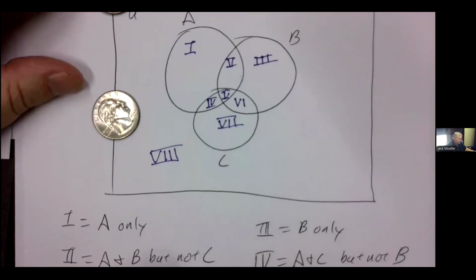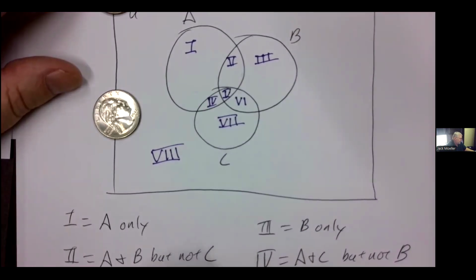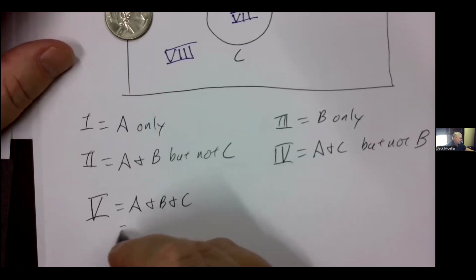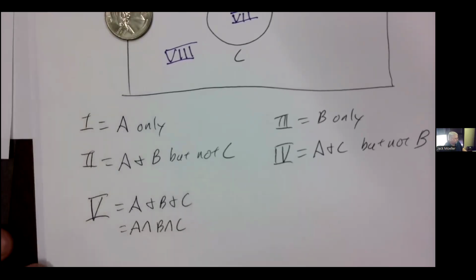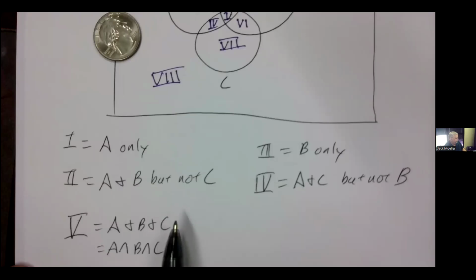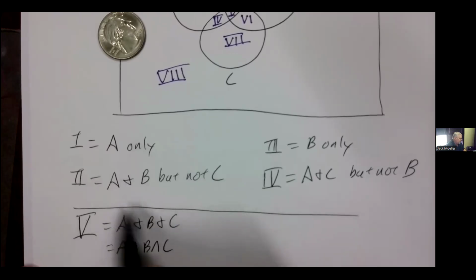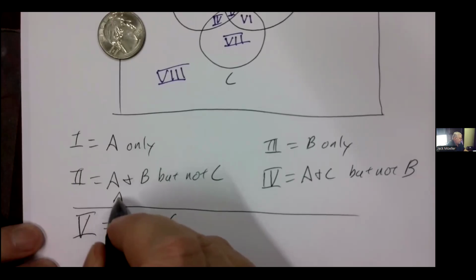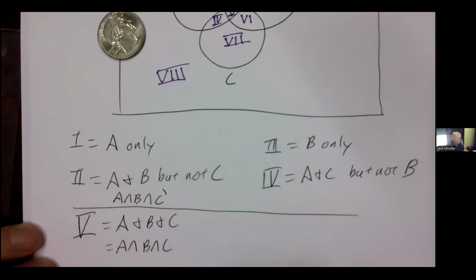All right. Region 5. Region 5 is right there in the middle. That's in all three. That is in A and B and C, which I want to point out, if we do A and B and C, that's the same as A intersection B intersection C. Now, we don't normally put the rest of these, but if I want A and B but not C, that would be A intersection B and C not.